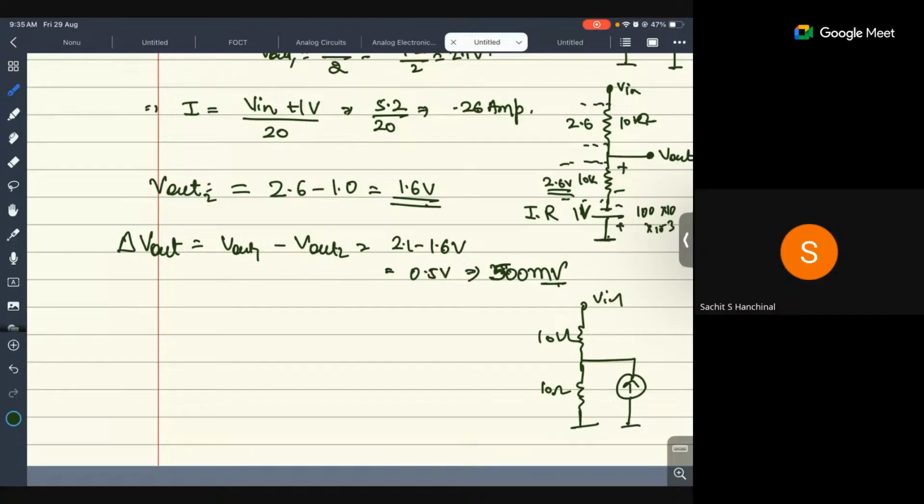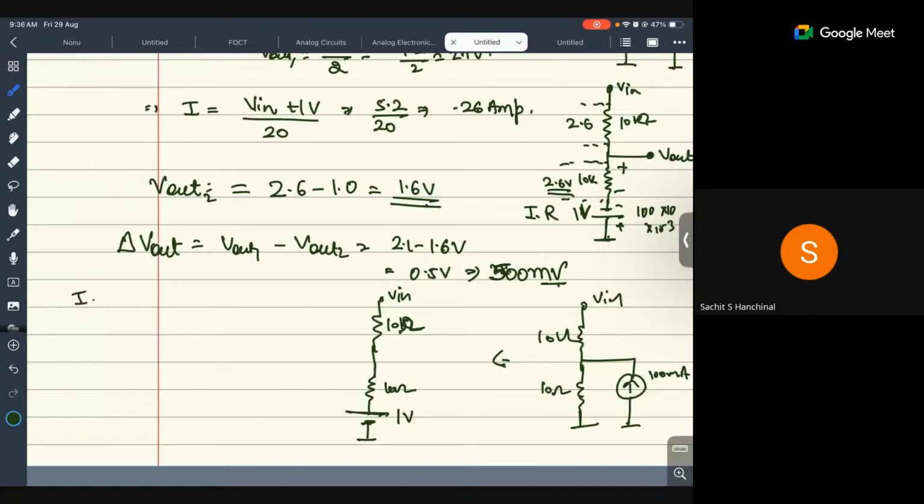Okay, now calculate. Again we are taking the 100 milliamp, so basically it will be equivalent to V in, 10 ohm connected with 10 ohm, and the direction of this one is 1 volt.